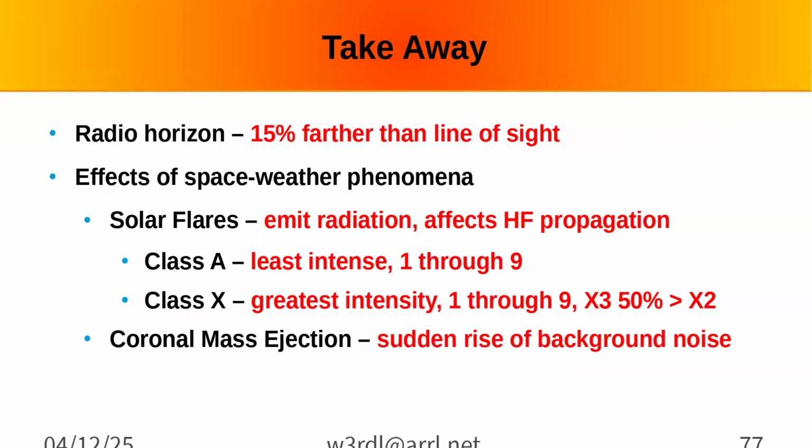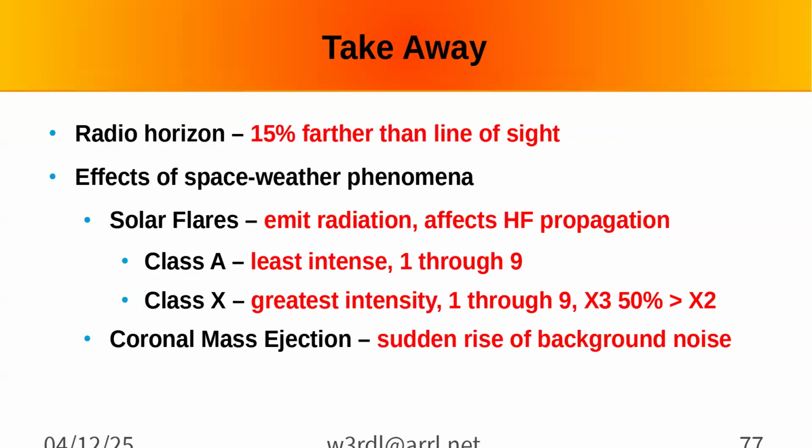The radio horizon is approximately 15% farther away than the line of sight or the equatorial horizon. And solar flares probably have the major effect on HF propagation, as far as daily activity.